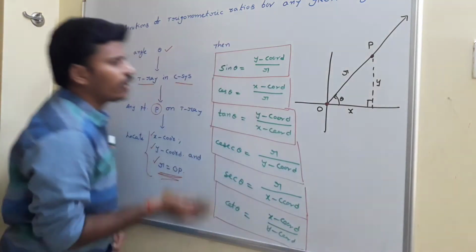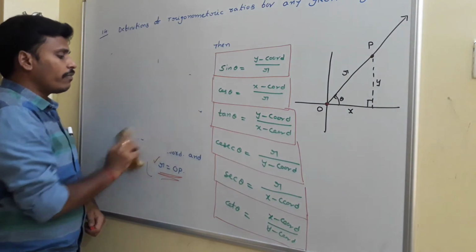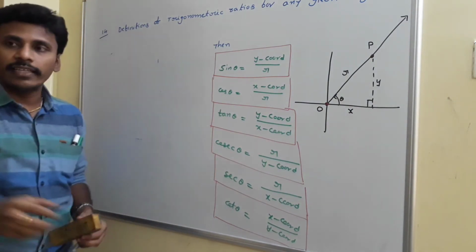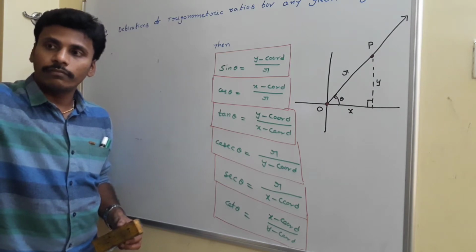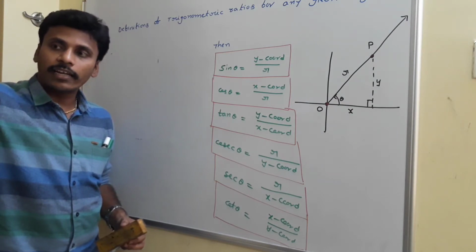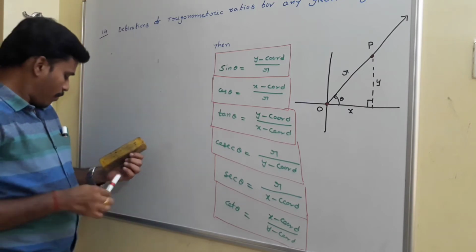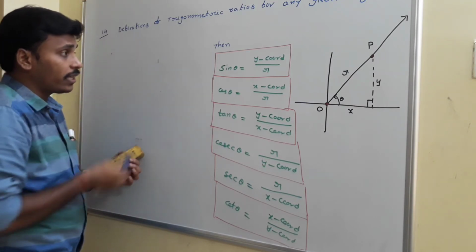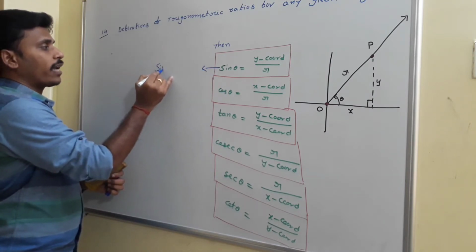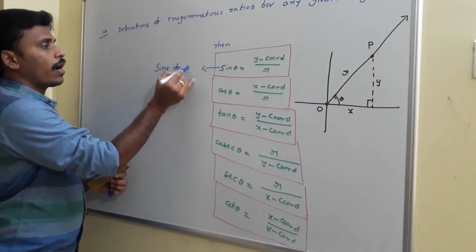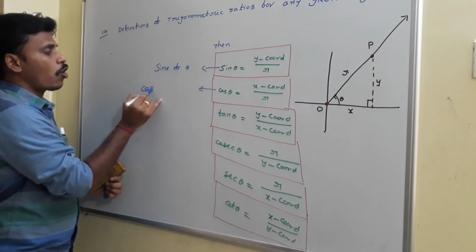Usually we read the trigonometric ratios as sin theta, cos theta, tan theta, but the exact names are: sin theta is sine of angle theta, and cos theta is cosine of angle theta.